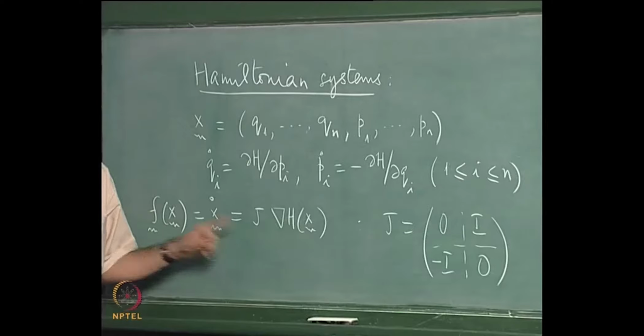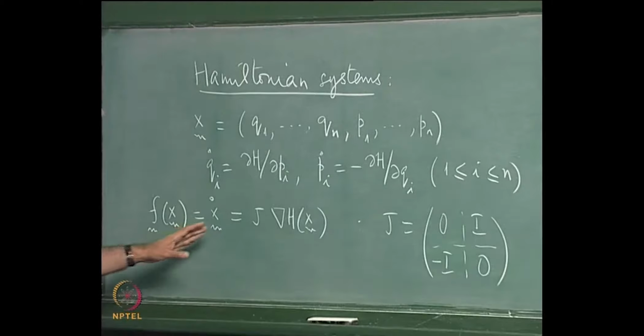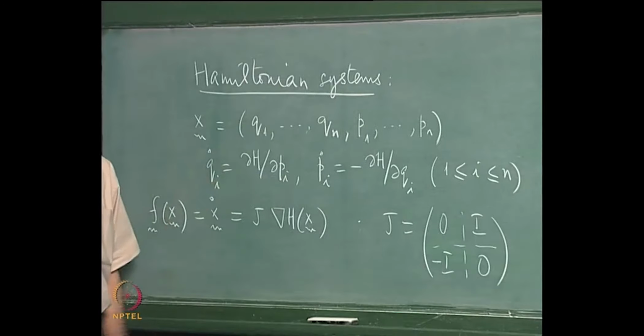But this matrix J has remarkable properties, and these are responsible to some extent for the wonderful properties that Hamiltonian systems display.